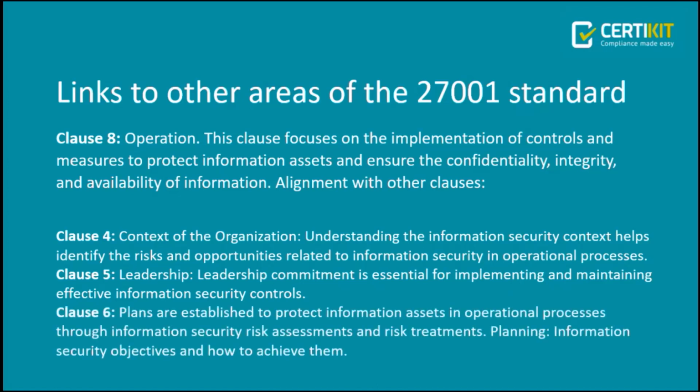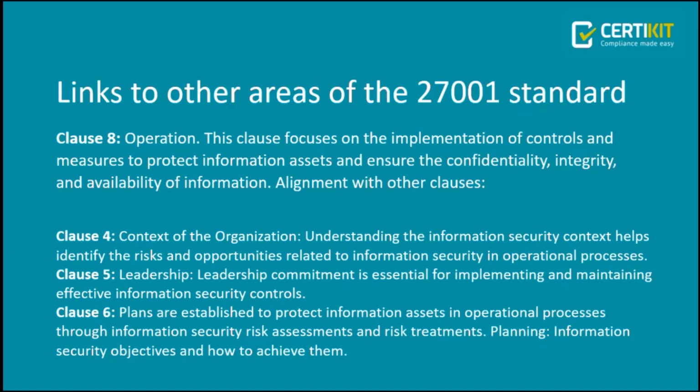Clause 6, so plans to protect information assets and operational processes, and that's done through security risk assessments and risk treatments, and that's a big chunk of work depending on the size of your business. Jerry's just been going through this with a couple of multinationals. These are big bits of work. And then a little bit from the side of that, towards the bottom of clause 6, is your information security objectives, planning them and how to achieve them.